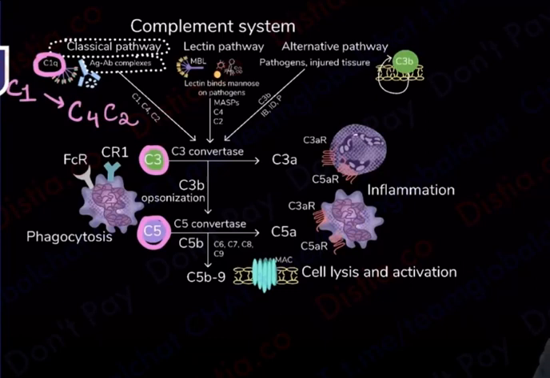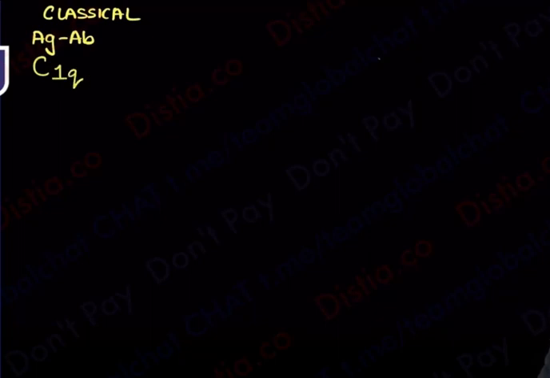I want to give you obviously a complicated version of it. So let's start. When we start with the classical pathway, guys, obviously there was some antigen antibody complex that started it, and the first thing to get activated was C1, which formed C1q. I am interested in C1q. This C1 then went and activated C4 and C2. Now I just want to tell you one offhand thing.